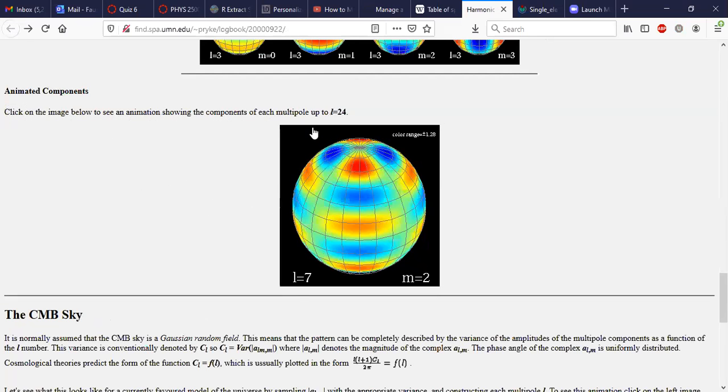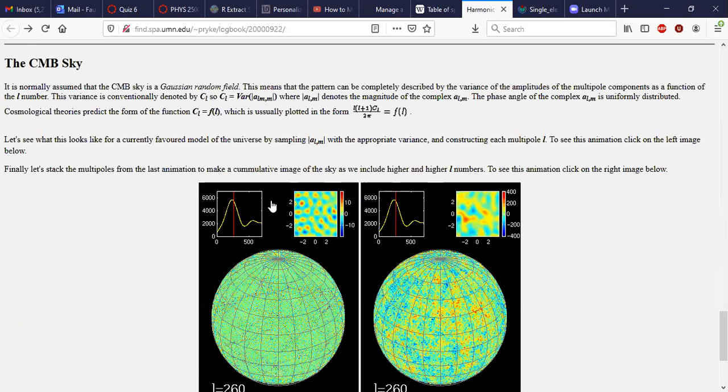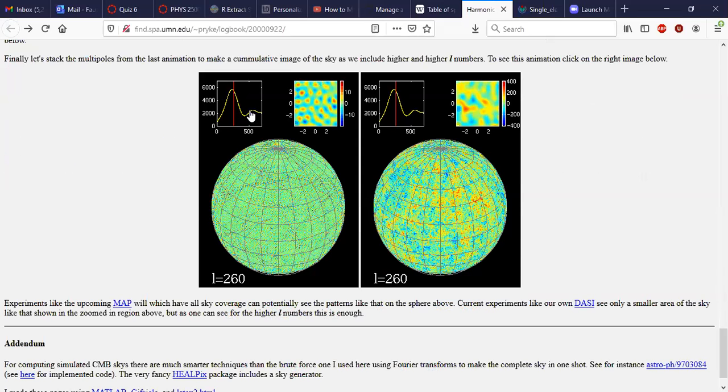And this famous image is essentially the temperature of the sky, and this is the strength of that particular multipole moment. These are the sizes of temperature fluctuations, which are information about what happened 300,000 years after the Big Bang, when the sky became transparent.